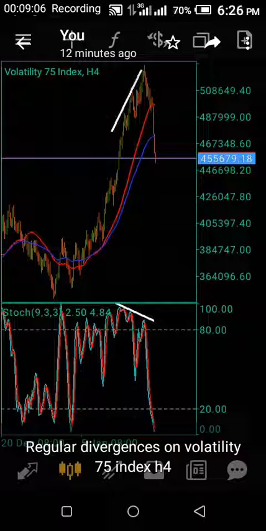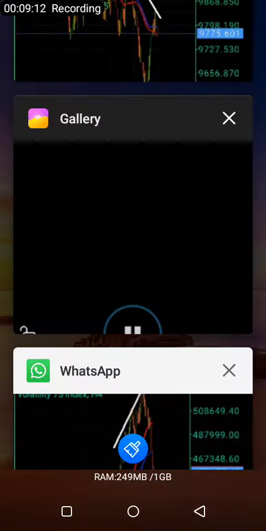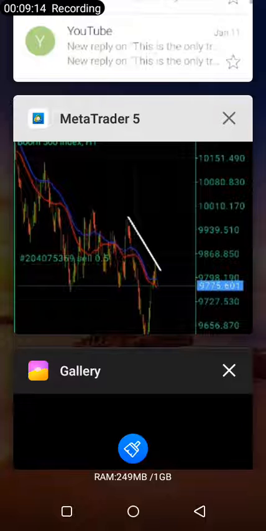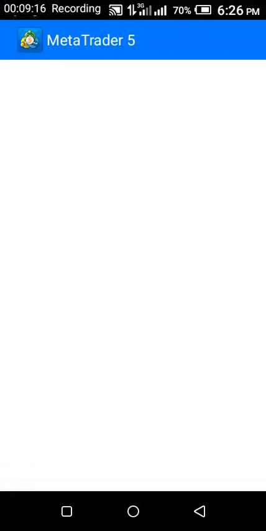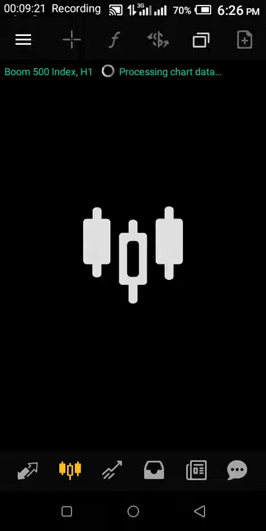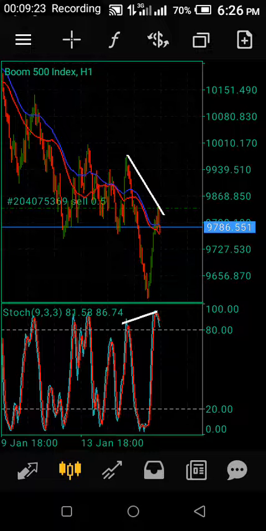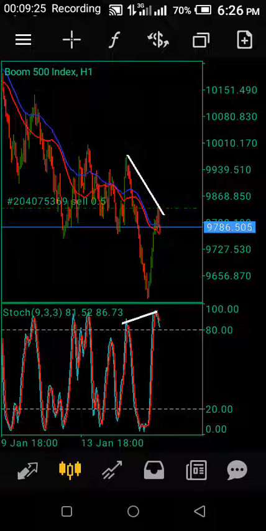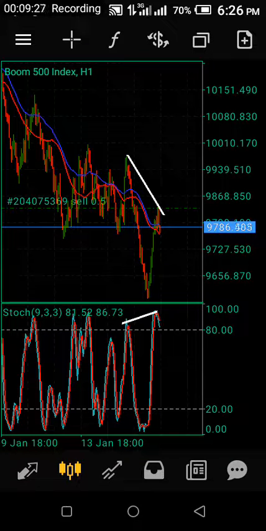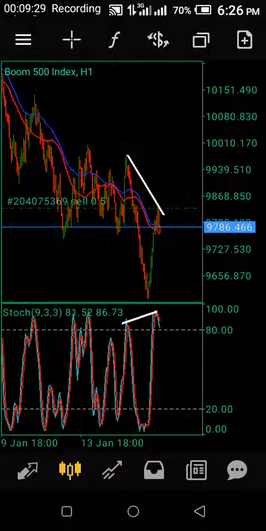So let me quickly show you the trade I'm currently on to see the live trade of the jackpot. Okay, this is my MT5. Can you see? Boom 500.